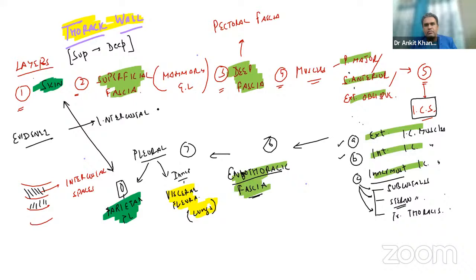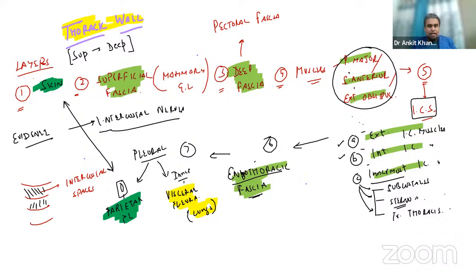It is the intercostal nerves which supply right from skin, superficial fascia, deep fascia, barring these muscles, because these muscles are already supplied by the brachial plexus and the abdominal wall. But barring these muscles, from skin to parietal pleura, including all the intercostal muscles, endothoracic fascia, and parietal pleura, they are supplied by intercostal nerves.